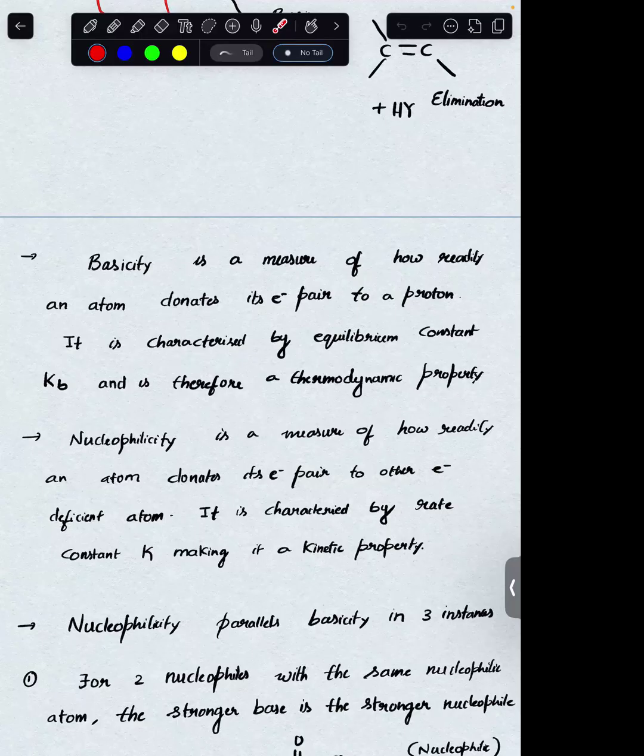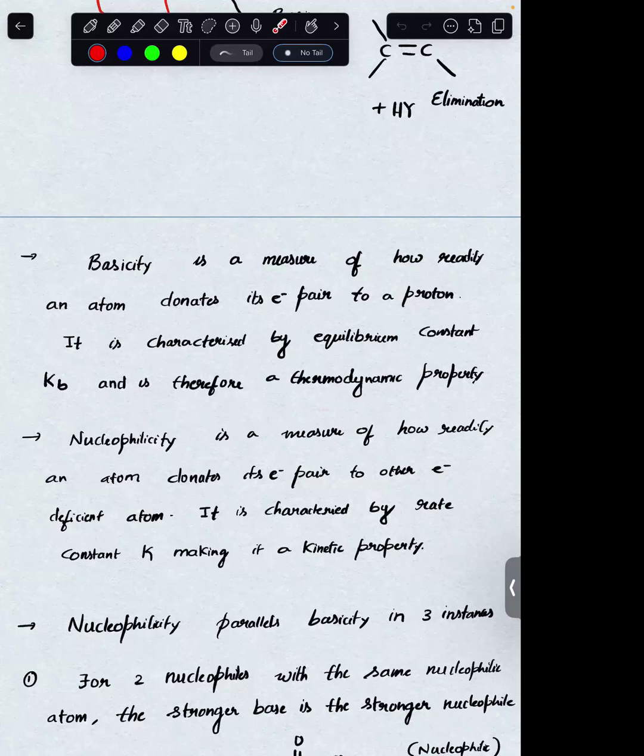Whatever acid and base are on the left can react among themselves to form the products on the right, which are again an acid and base, which can react among themselves and form the reactants again. All organic acids or organic bases are weak acids or bases, so all of them are reversible reactions, characterized by the equilibrium constant. It is a thermodynamic property.